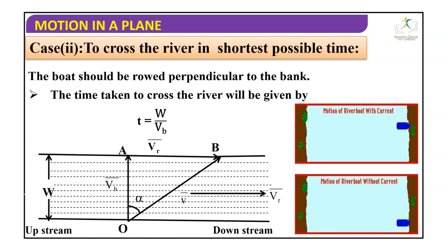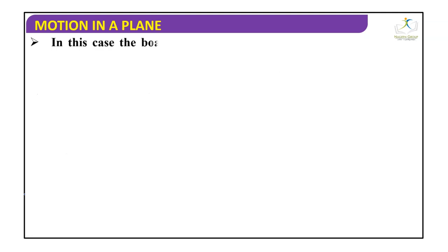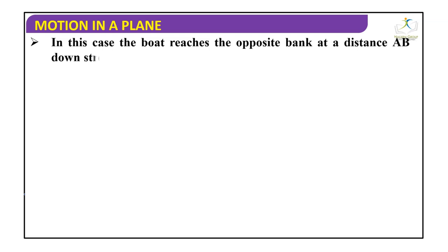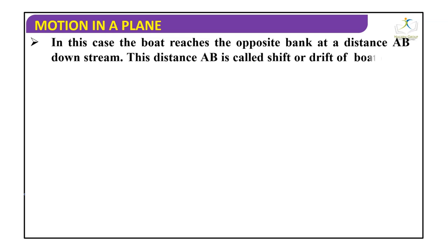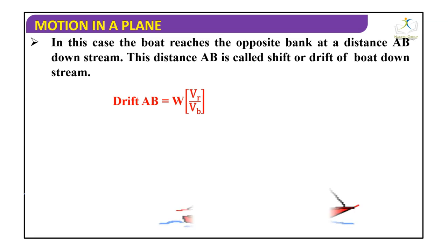In this case, the boat reaches the opposite bank at a distance AB downstream. This distance AB is called the shift or drift of the boat downstream. Drift AB is equal to W times Vr by Vb.